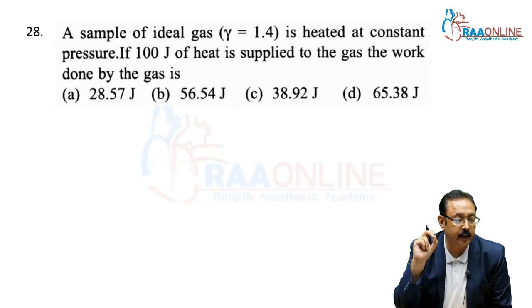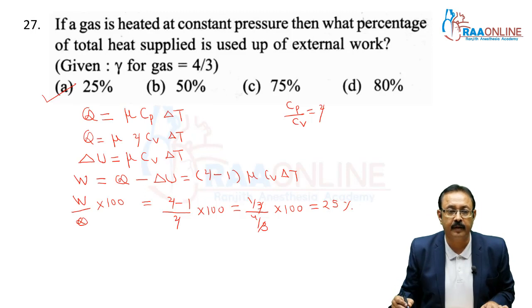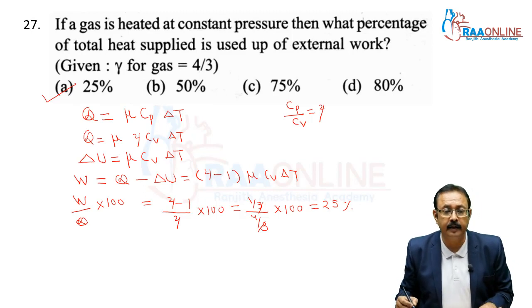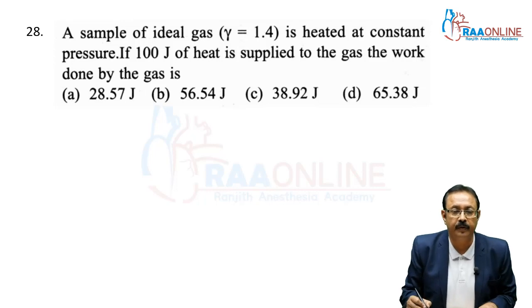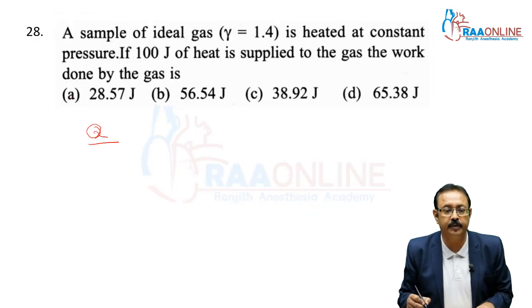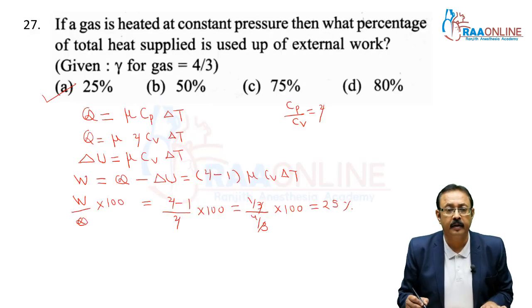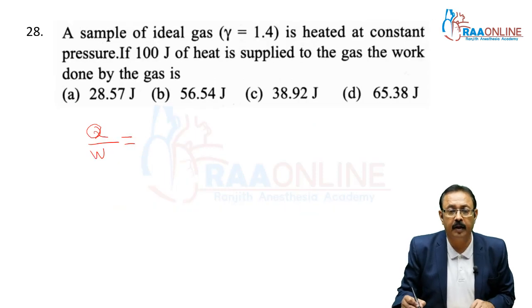We know that at constant pressure, as we just solved, we can use this result: the heat supplied Q upon W is gamma upon gamma minus 1.